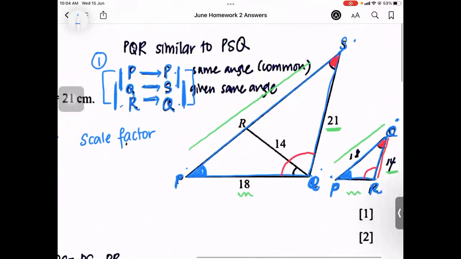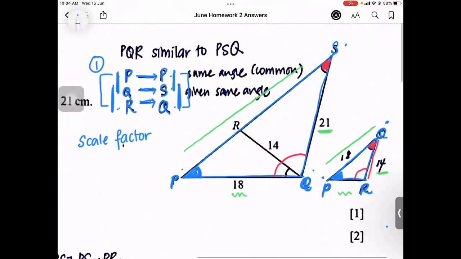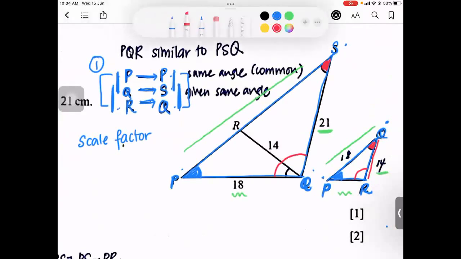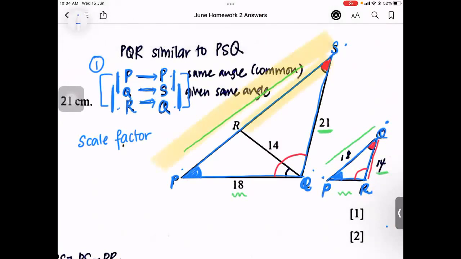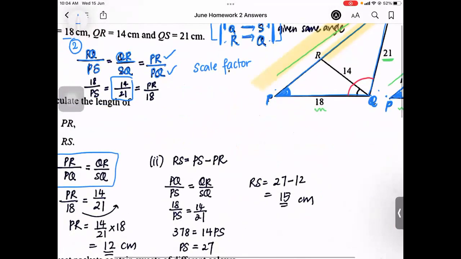Next one, find RS. RS does not exist in any part of our two similar triangles, but RS is over here in this portion. This small portion over here is related to the side PS. So technically speaking, to find RS, I need to find PS first.